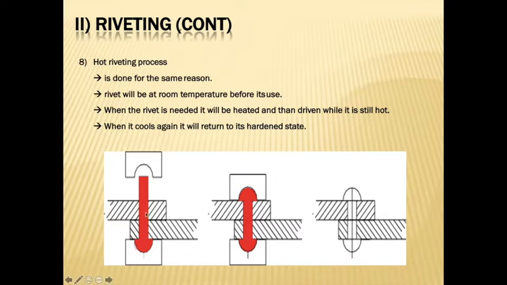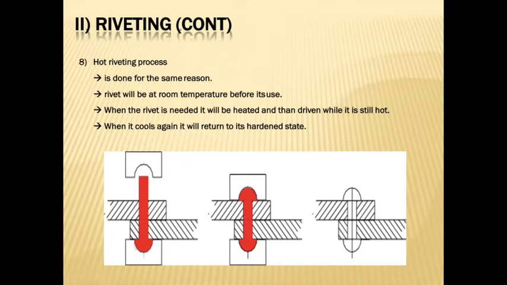You can see here that this rivet is driven into the hole while it is still hot. Then when it cools again, it will return to its hardened state. So we can see here that it has locked the two structures together.